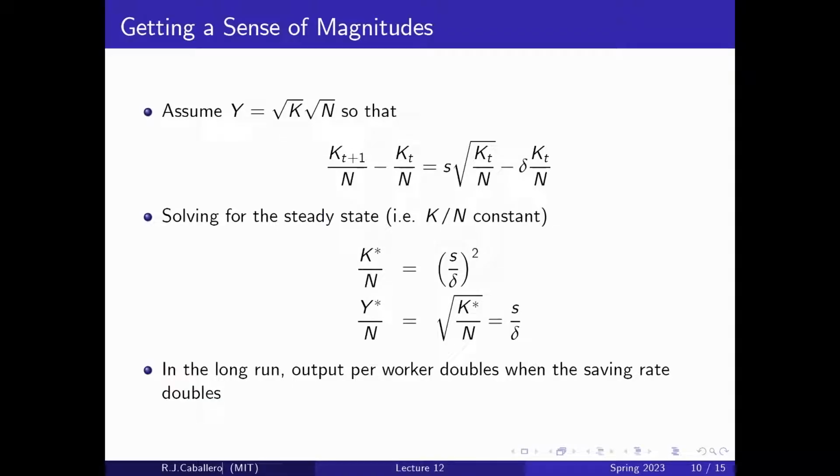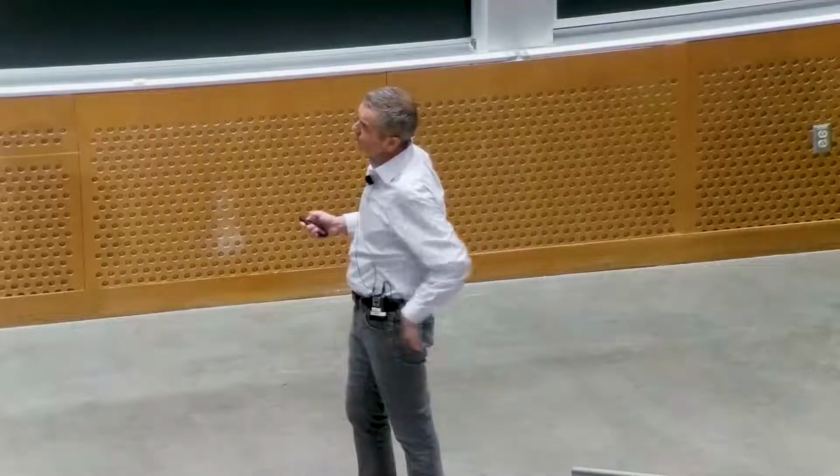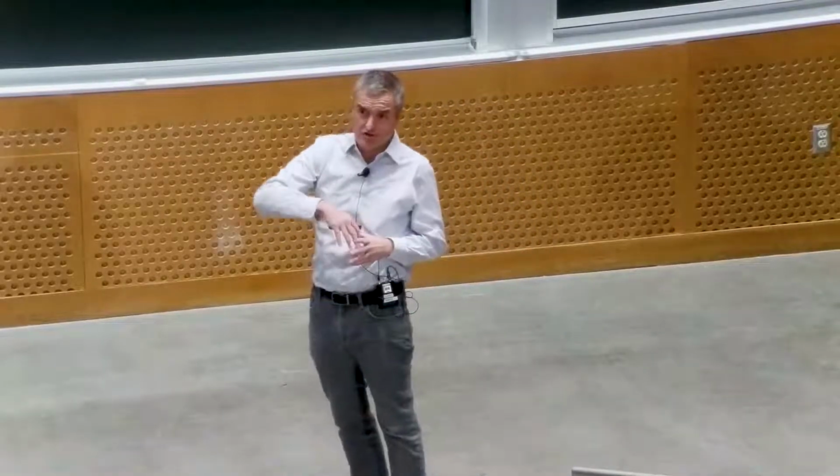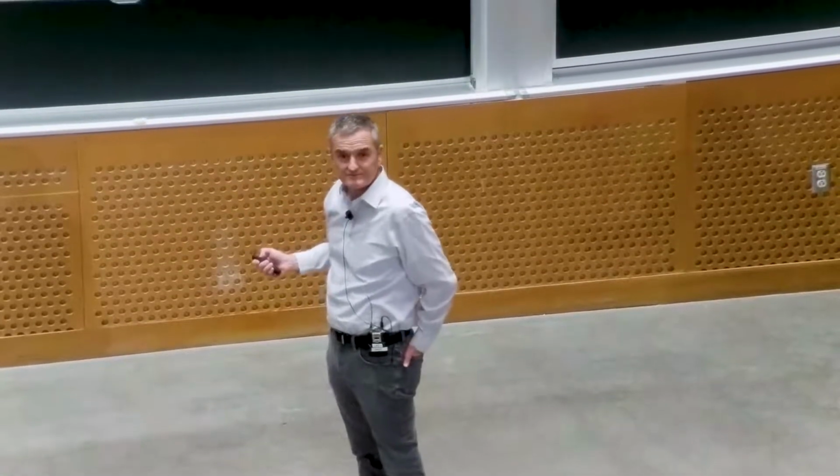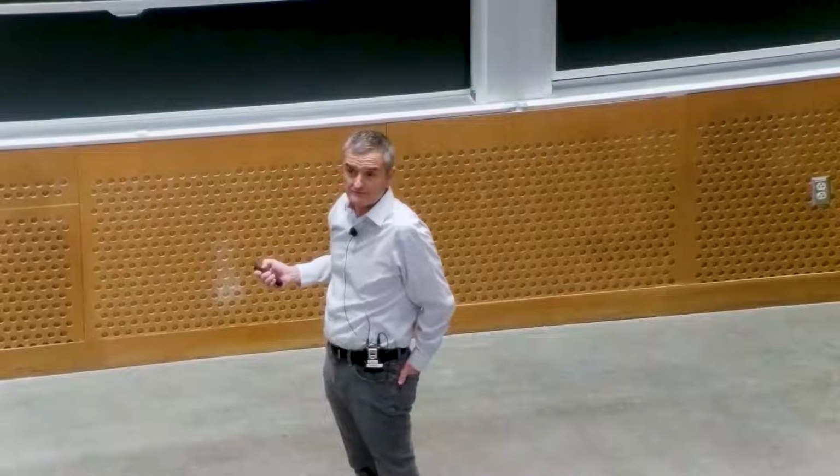So in this particular model, in the long run, output per worker doubles when the saving rate doubles. Notice that the stock of capital is going to grow a lot more when you increase the saving rate. It's squared.